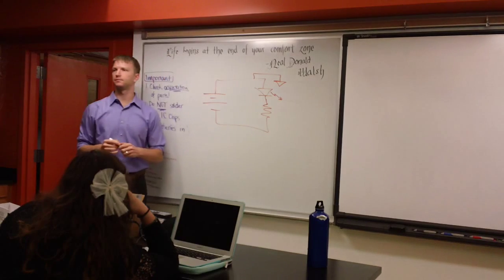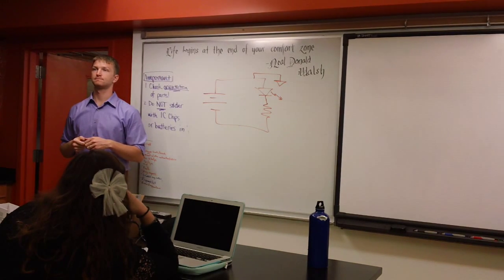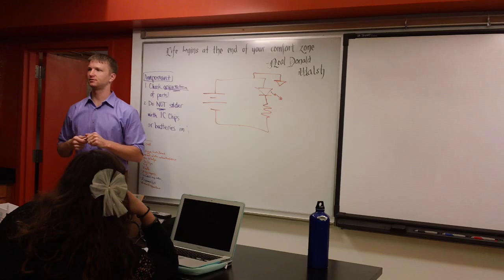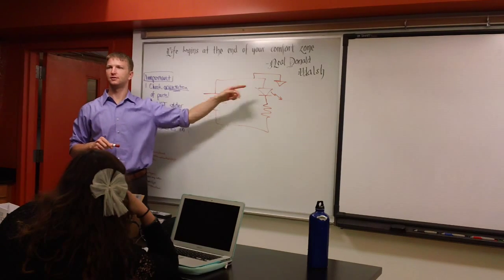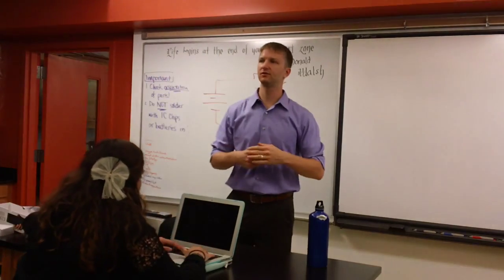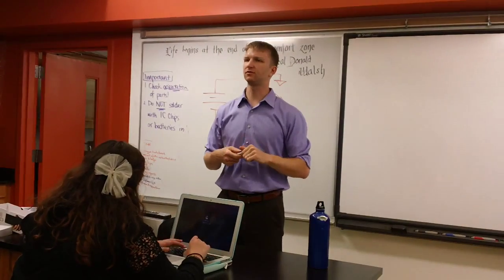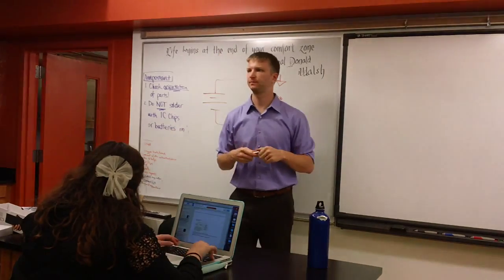But now where's ground? Who knows? Anyone? Ground's here. Because I drew it there. What you want to remember about ground is it's a place that is so commonly referred to that we give it a special name.